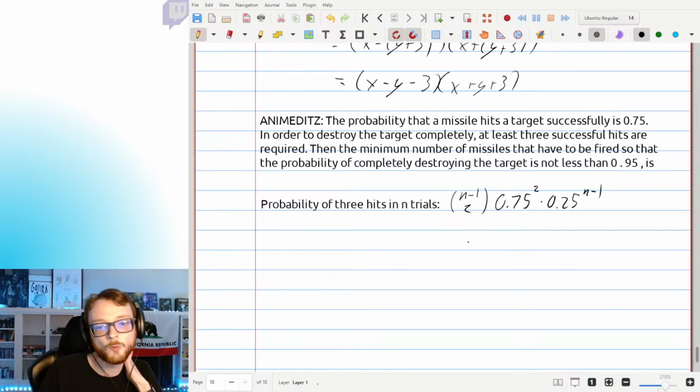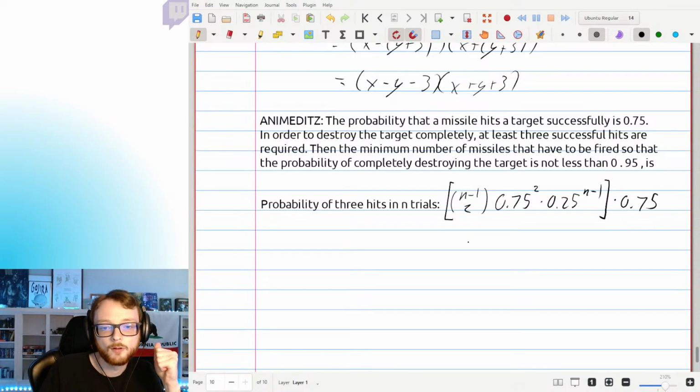Okay, so what I'm doing here is we're always ending on a hit, because once we've gotten the third hit, we're not going to fire any more missiles. There's no point. So if we already know what the last outcome is, with a 0.75 probability, then the first two hits could be anywhere before that last hit. So we need to use the binomial distribution to figure out that probability.